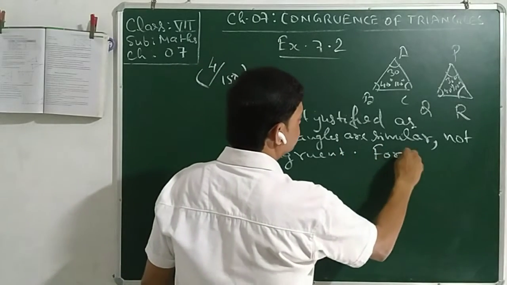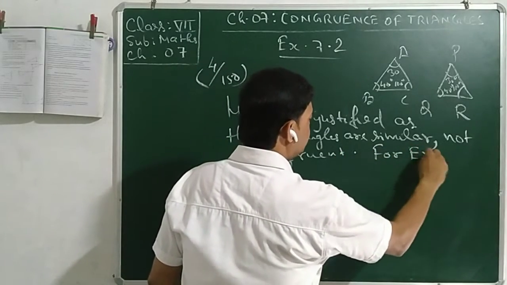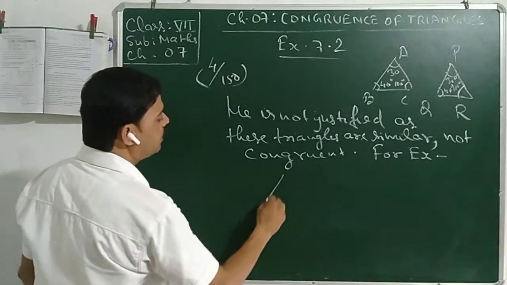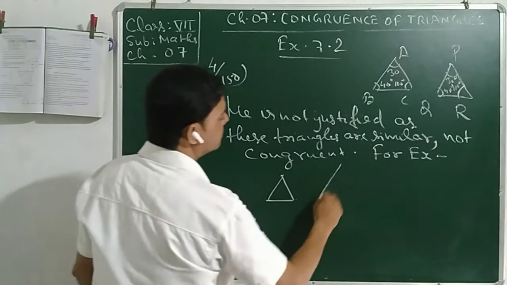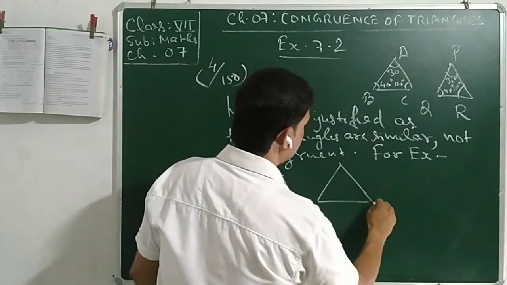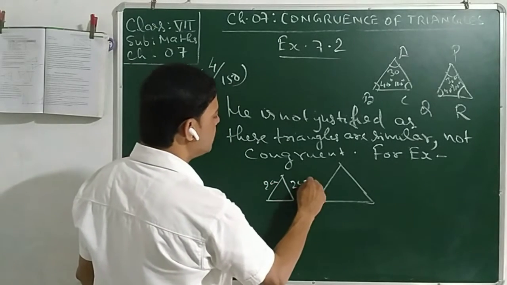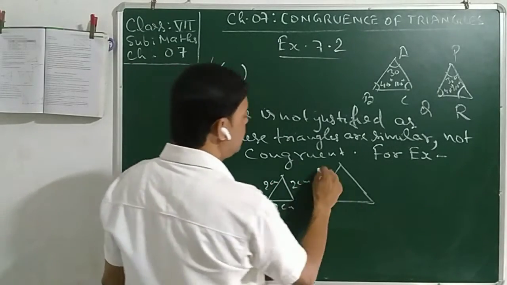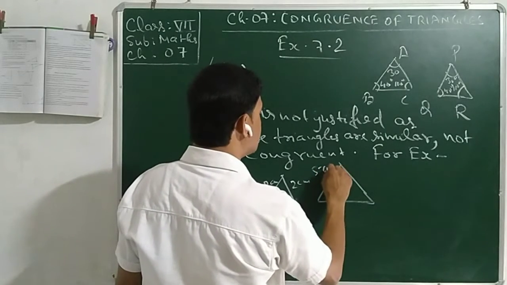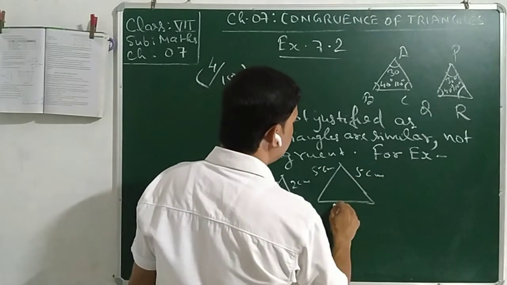For example, take the example, I have drawn here 2 triangles and assuming that both are equilateral triangles, 2 cm, 2 cm, 2 cm. Here I have taken it as 5 cm, 5 cm, 5 cm.